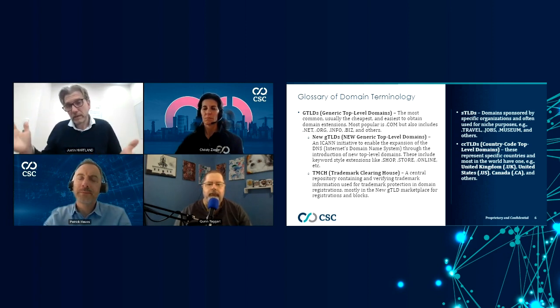They've gone, well, there aren't many new gTLDs launching now, I don't need this. But I would recommend that over the next year, you start looking at your trademark clearinghouse portfolio and what you've got today, because you're either going to need that if you're going to apply for a .brand, or you're going to need that to take part in sunrise periods when the new domains come out.